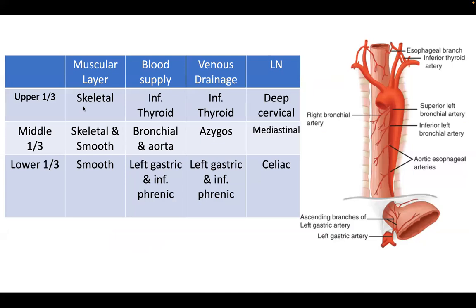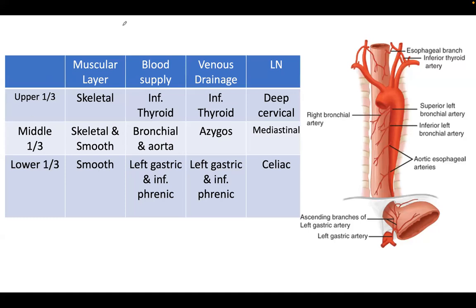Now, I made a table here of the blood supply, the venous drainage, the lymphatics, as well as the muscular layer of the different parts of the esophagus. The esophagus is divided into upper third, middle third, and lower third.